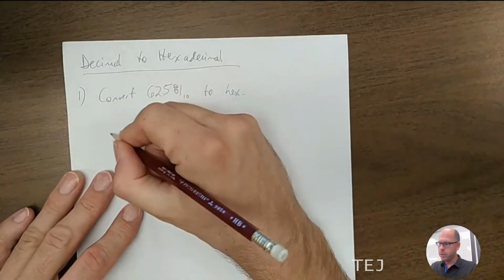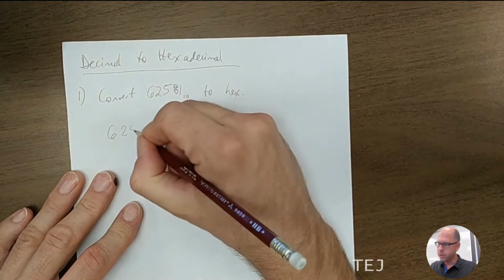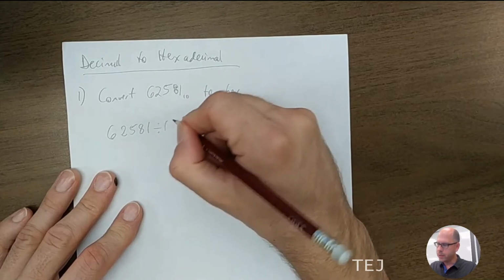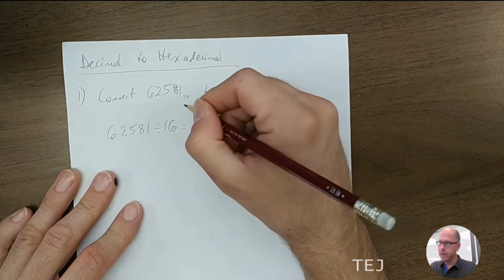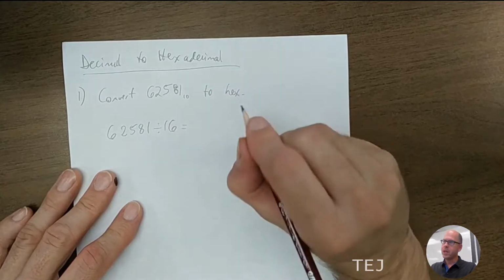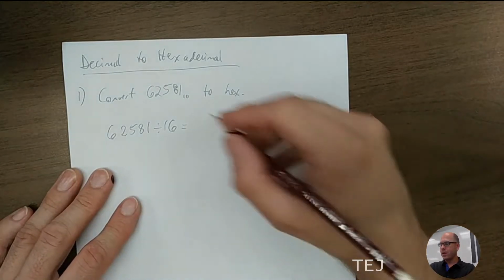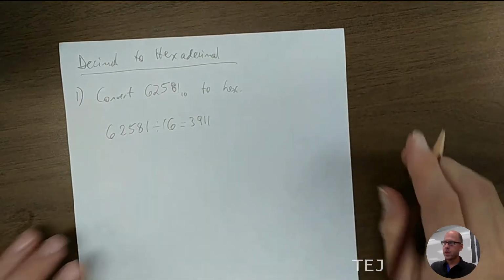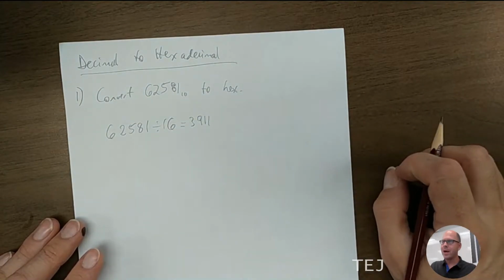Okay, so we're going to do this. Here's the original number, 62581 divided by 16, and I've done this already. It ends up being 3,911 with a decimal number after it.